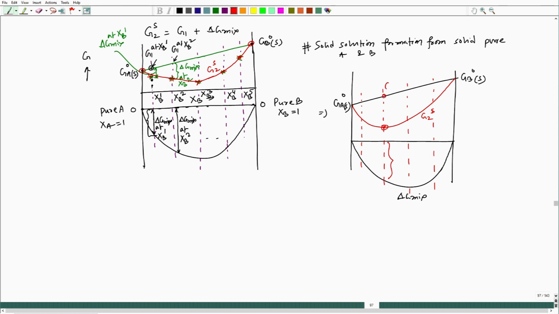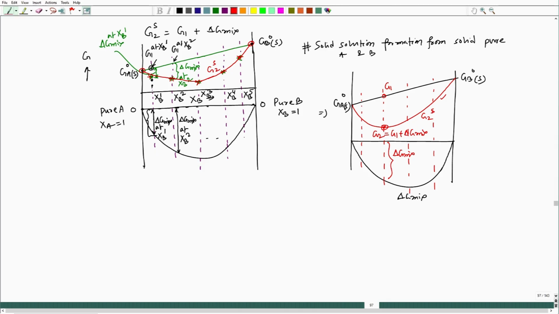This is G1, this is delta G mix at this composition. So, G2 here would be G1 plus delta G mix. That means this red line is nothing but the graphical plot for G2 solution.